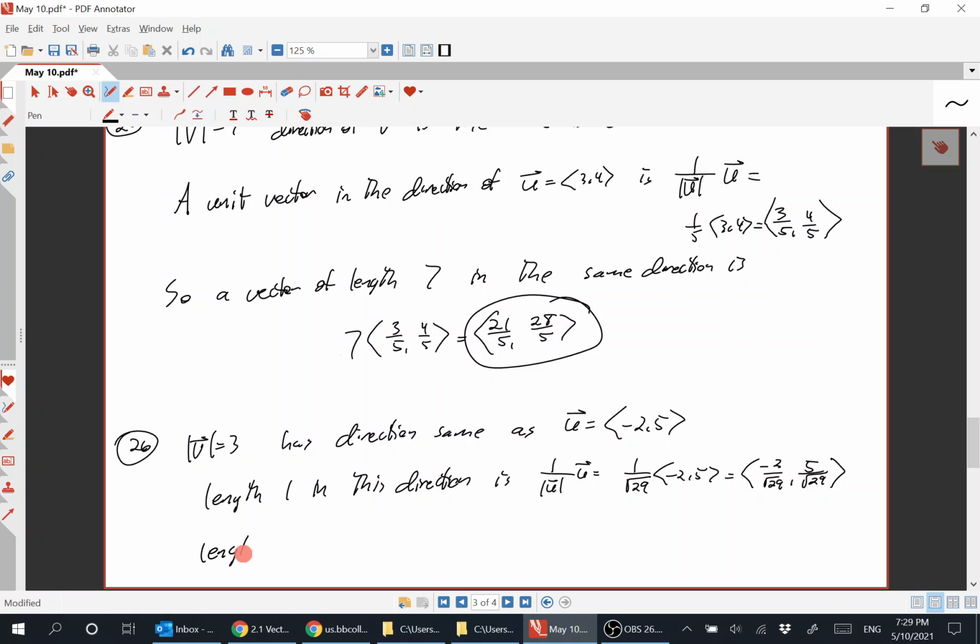And then length 3 in this direction, I guess I should call it v, and that answers your question a little better. So length 3 in this direction is v, which is equal to 3 times that. So minus 6 over square root 29, 15 over square root 29.